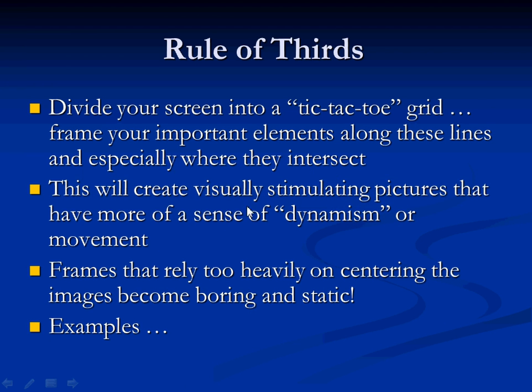This is going to create a visually stimulating picture. It's going to make it more interesting, and it typically gives you more of a sense of dynamism or movement. So your picture doesn't just look flat and sitting there. It looks more like, hey, something's happening. And we'll look at some examples. Frames that rely too heavily on everything being centered all the time get boring and static. And that word static means it's not moving; it's just staying still.